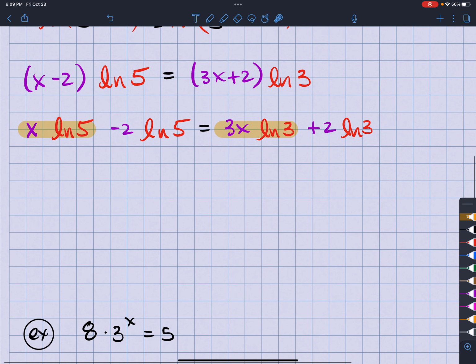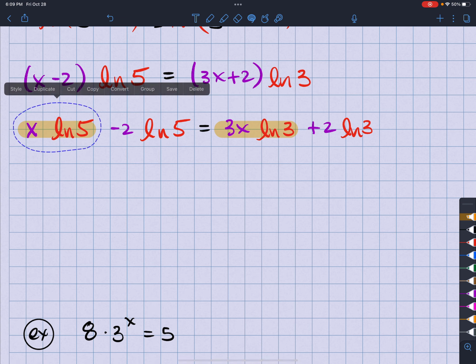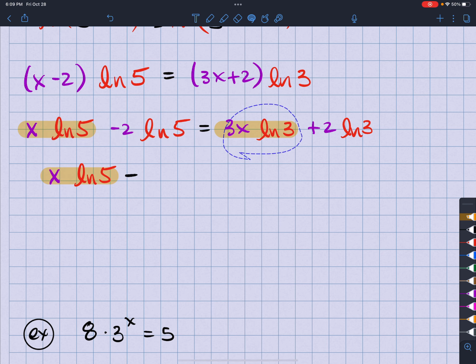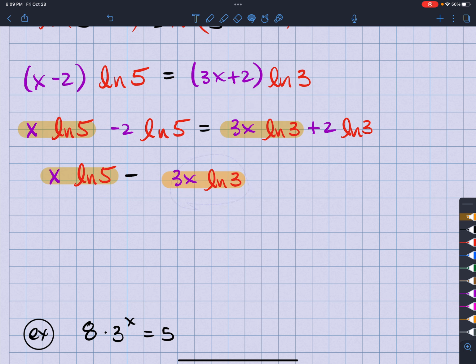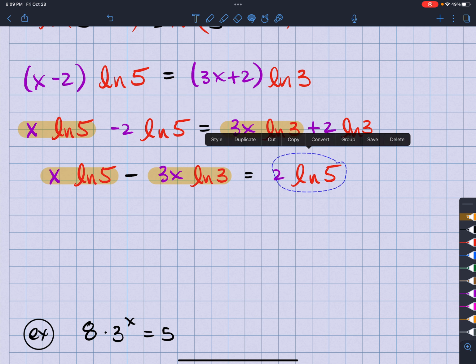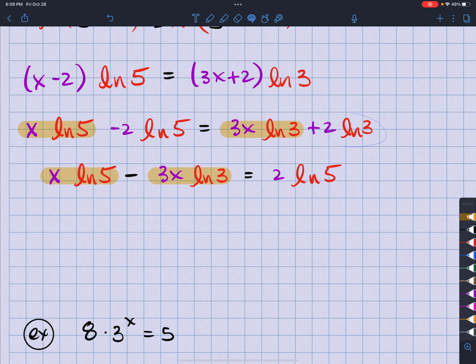So now I'm going to have this, minus this, because I got to bring it to the other side. And that's going to equal, when I add this over, it's going to be positive, right? So that's going to be that plus this. There we go.